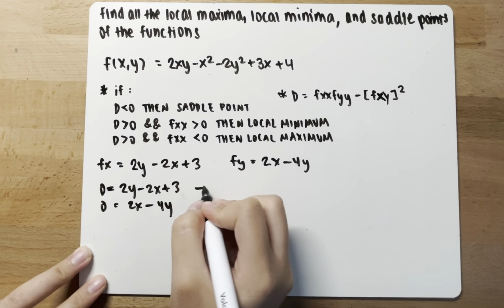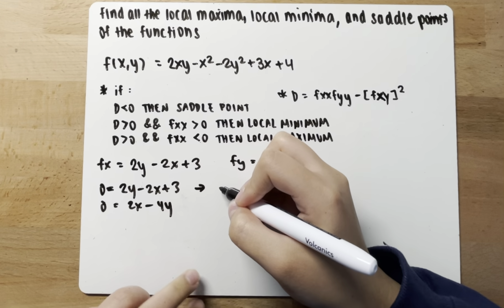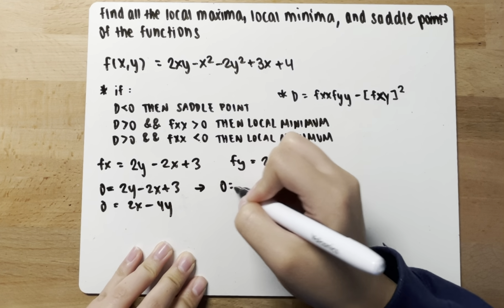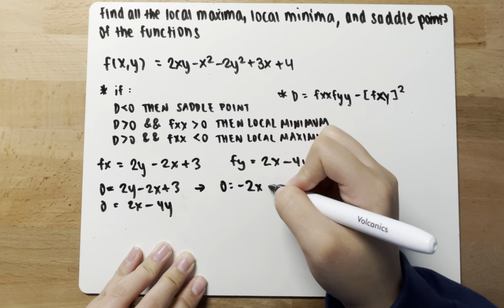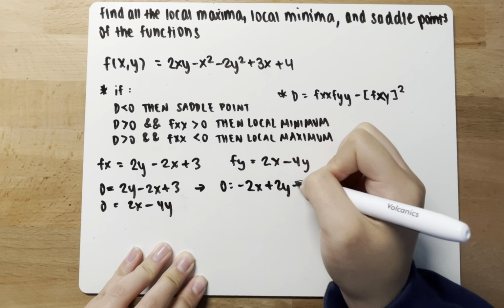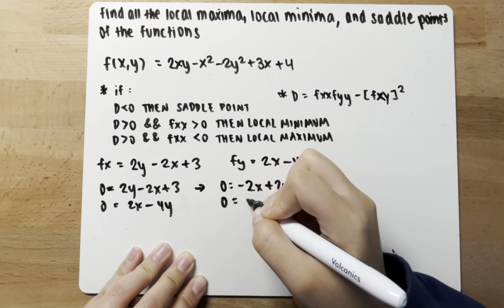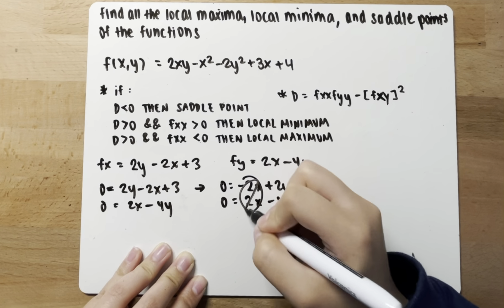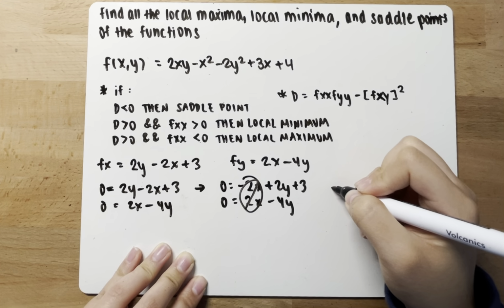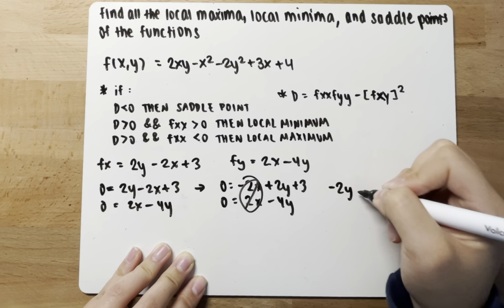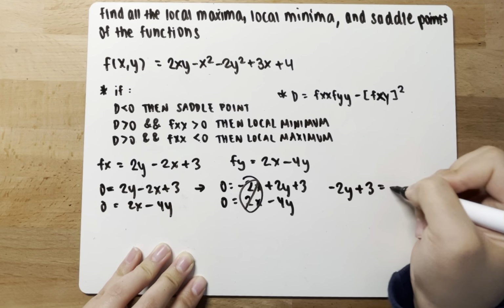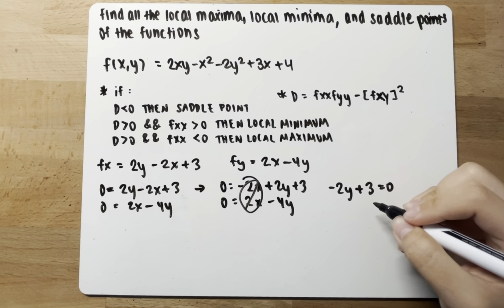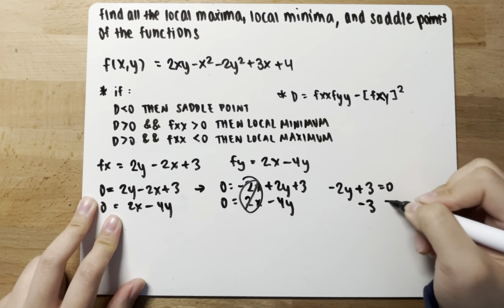So we just have to rearrange this. You are going to have 0 equals negative 2x plus 2y plus 3, and 0 equals 2x minus 4y. Okay, cancel these out. You are left with negative 2y plus 3 equals 0, and subtract 3 on both sides.